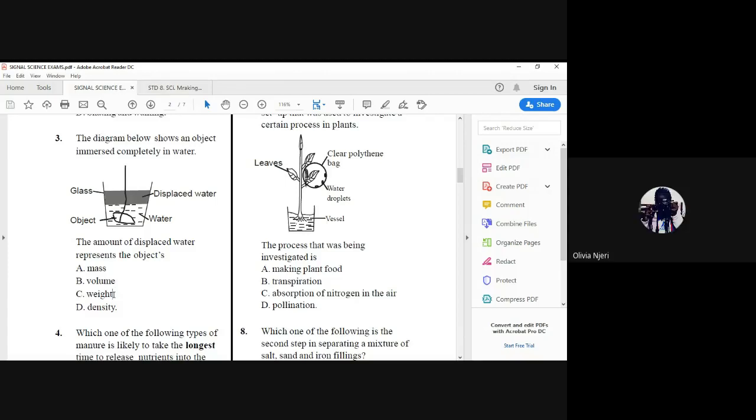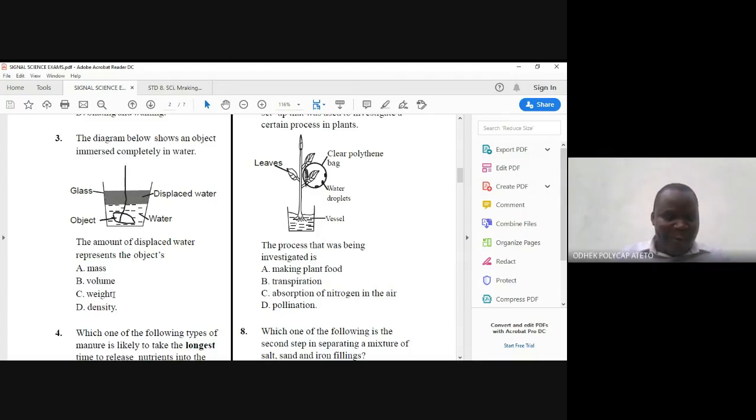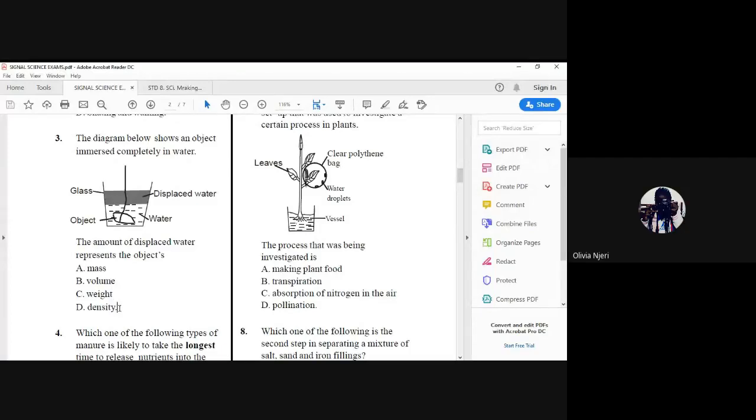Weight. Weight is the force of gravity acting on an object. Weight is measured using newtons, and we use a spring balance. I hope you are writing the things that you don't know. Density. For me, I can say it's a degree in a substance.